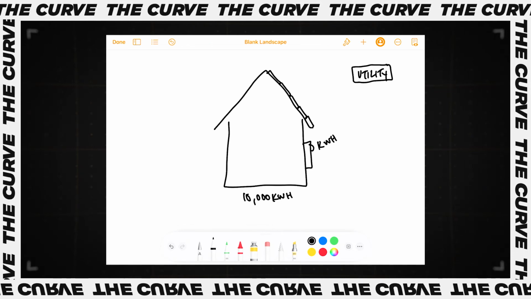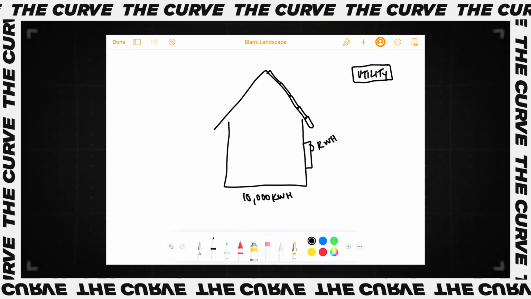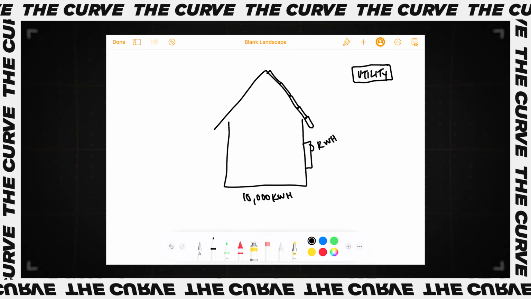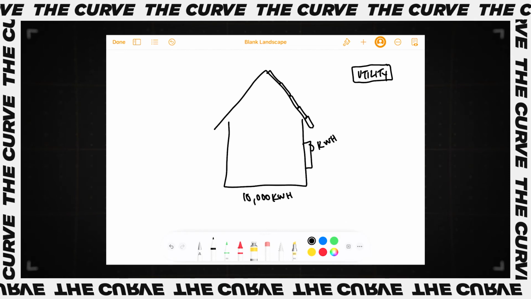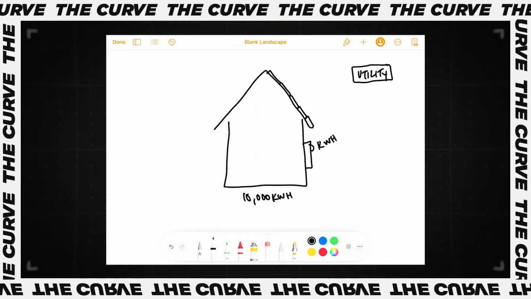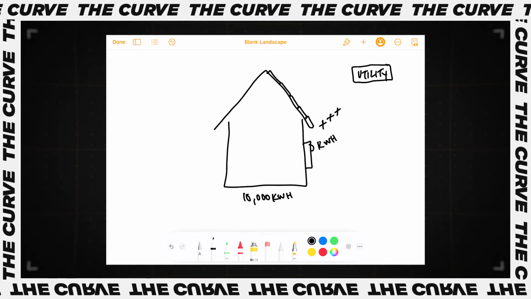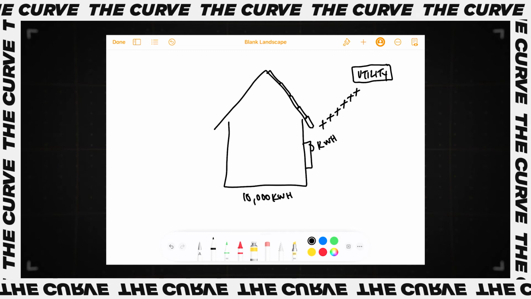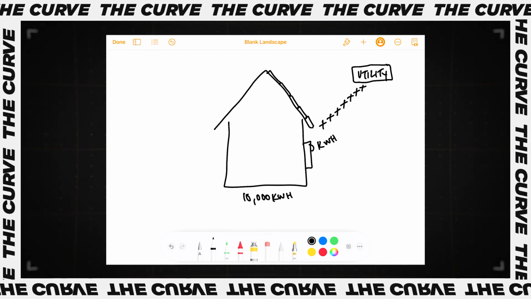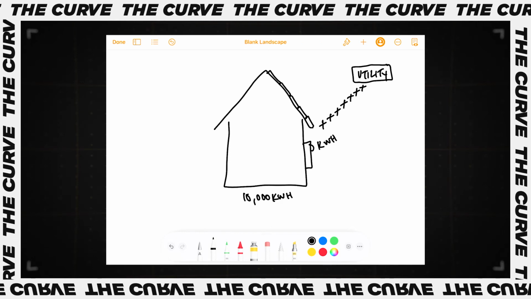So at any given time, if their solar system is producing more energy than they're using, their meter that's on the side of their home actually counts backwards and gives them a credit and pushes that electricity to the utility company. So during the summer months or during the daytime, they're going to receive a ton of positive credits with the utility company.